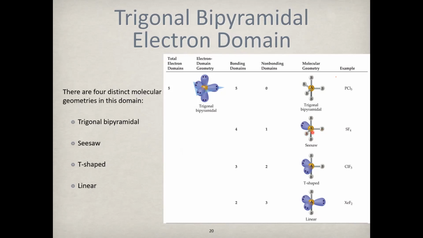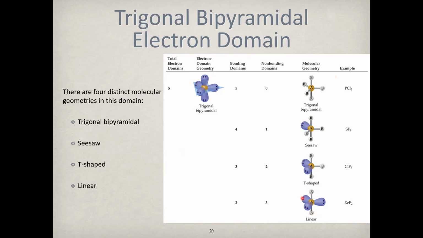bent shape with the equatorial ones now that we've replaced one of them with a lone pair. And then as we go one further, we wind up with a T shape because we've gotten rid of two of those equatorial ones. So now we just have a 90-degree angle in both directions coming off the terminal atom in the middle.